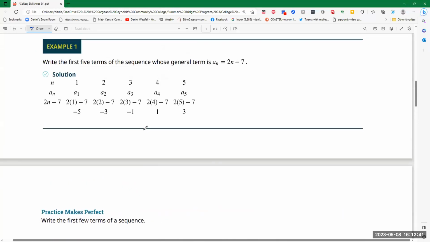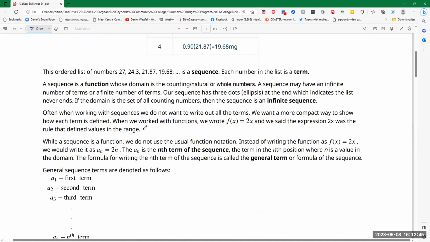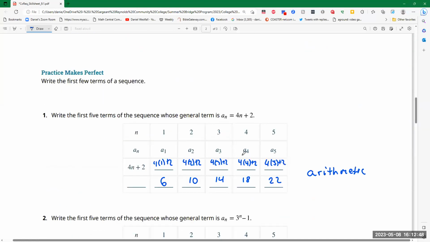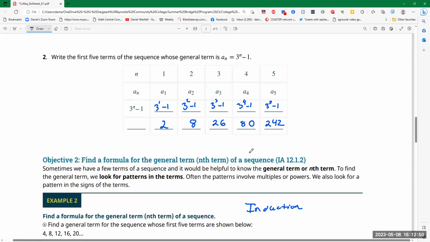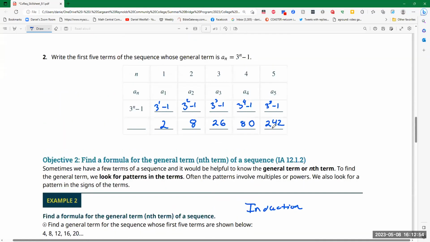And being given the general term and wanting to find the specific terms is a form of deduction, where you were given a big idea and find specific cases of it. So those are two ideas in logic.